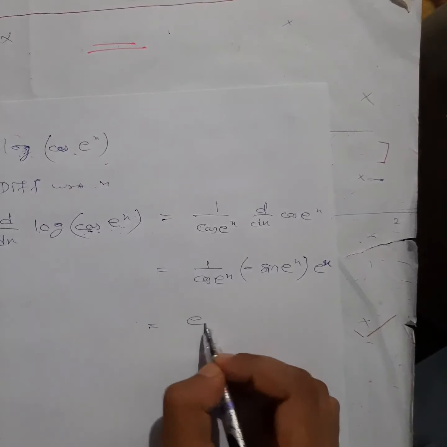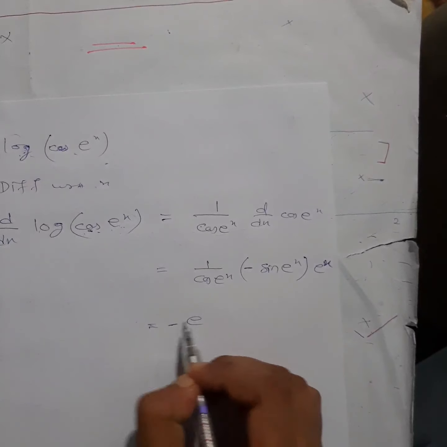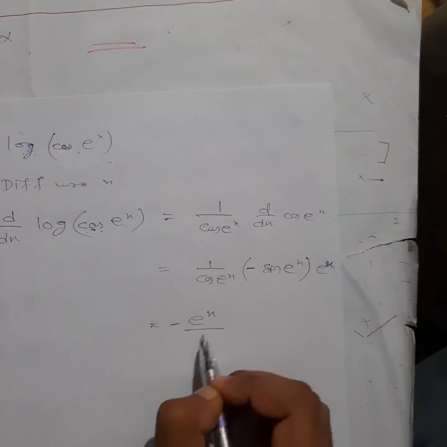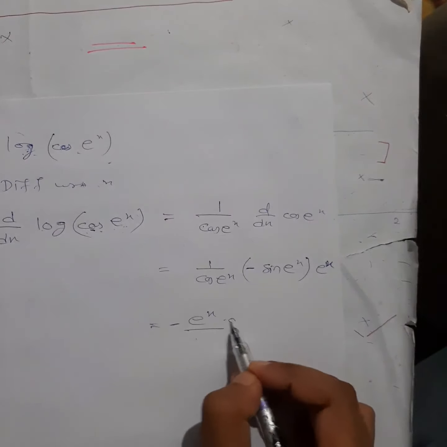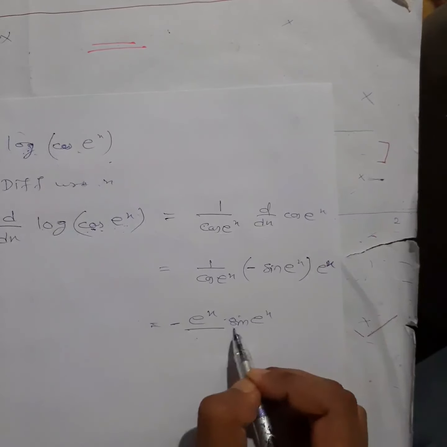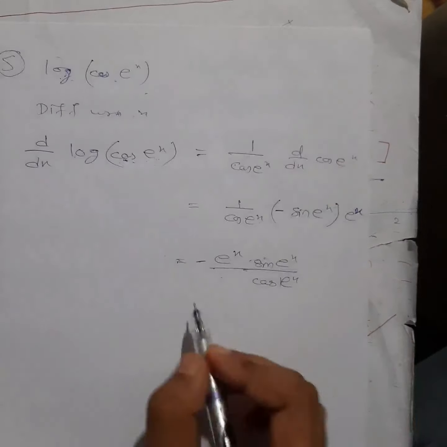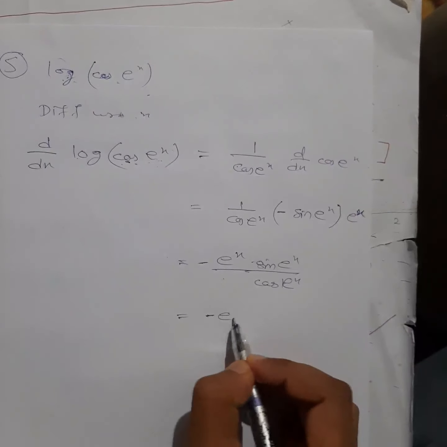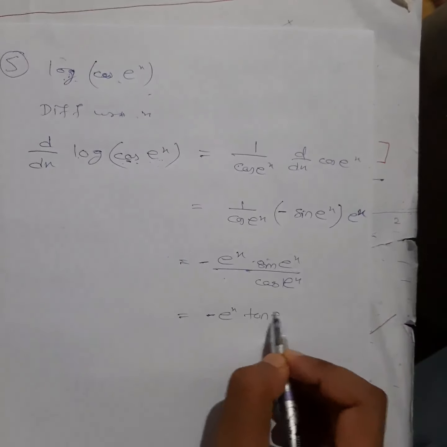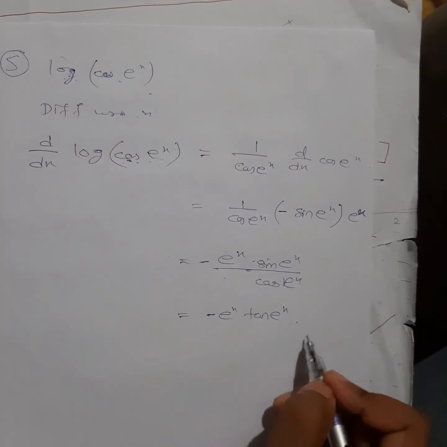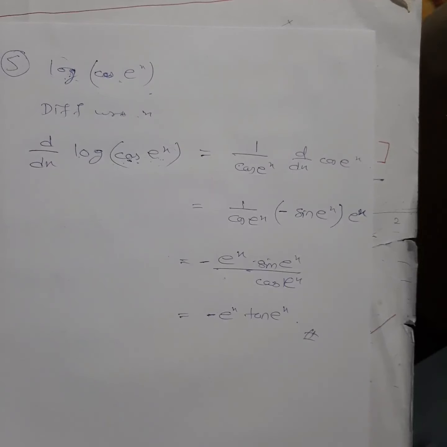So if I arrange this one, e^x, minus will come here, by sin e^x by cos e^x. So this I can write as tan e^x. Minus e^x tan e to the power x. So that will be your differentiation.